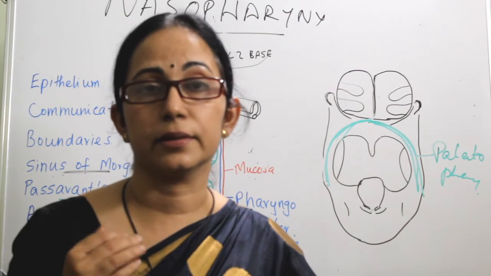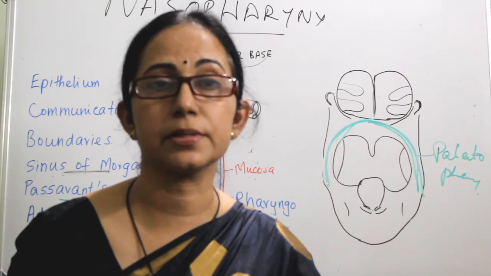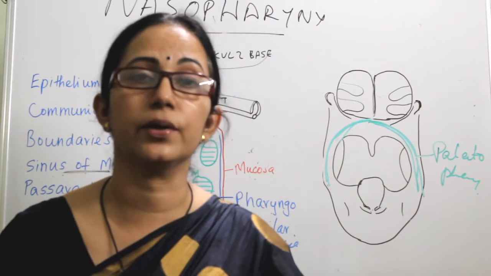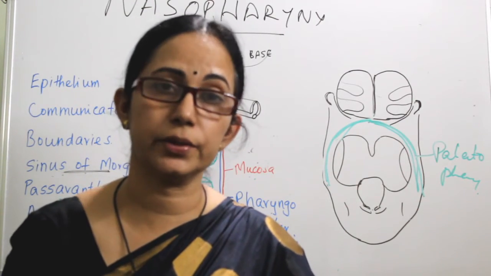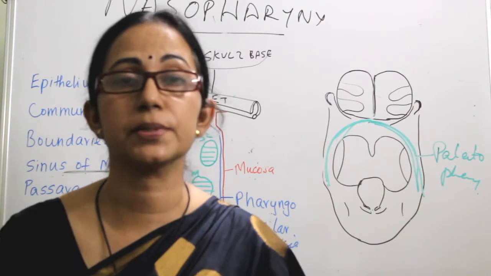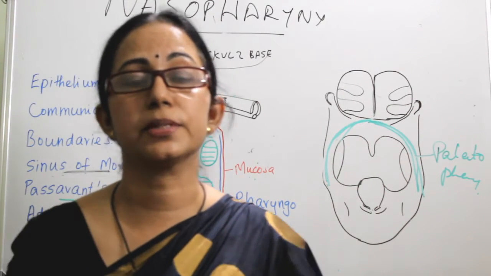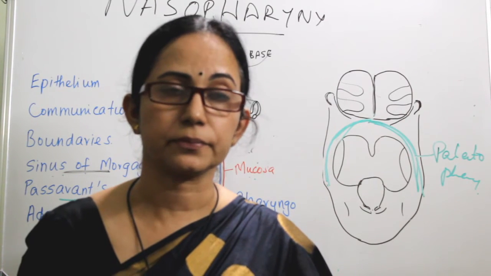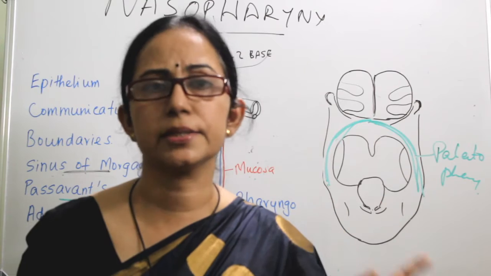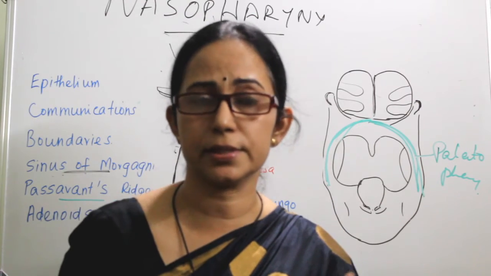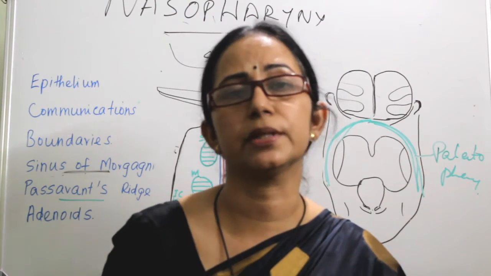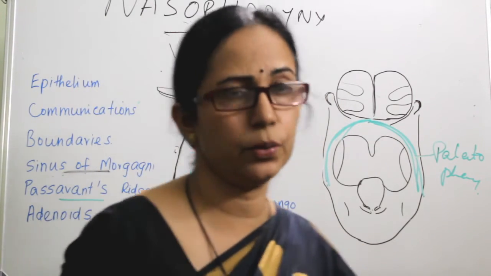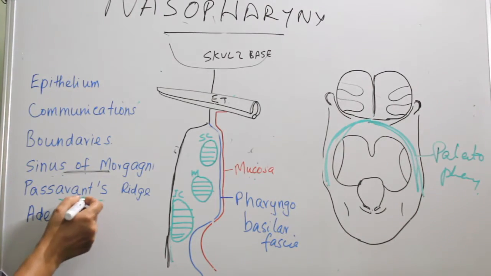The derangement of the system can happen if there is a cleft palate, or a hypertrophied adenoid, and also after adenoid surgeries. Especially after adenoid surgery, you must have noticed open voice in the patient. That is because of this derangement in the approximation with the Passavant ridge, otherwise known as velopharyngeal insufficiency. So that is the importance of this Passavant ridge.